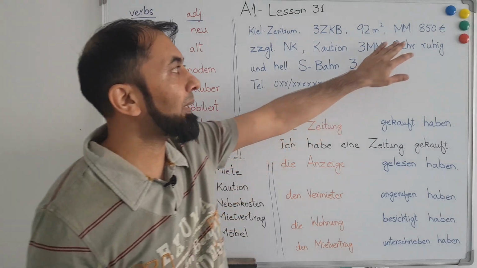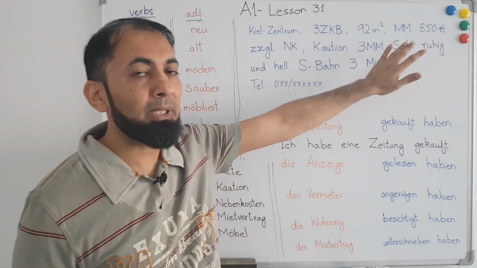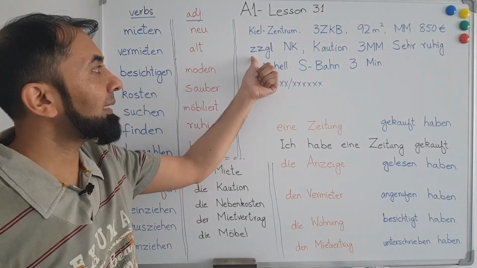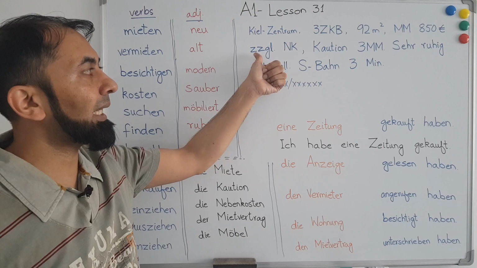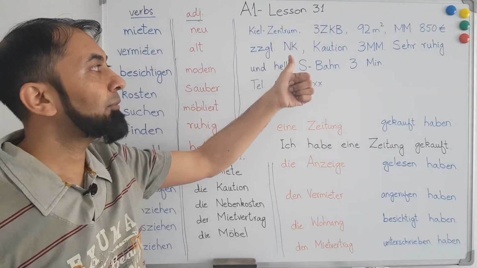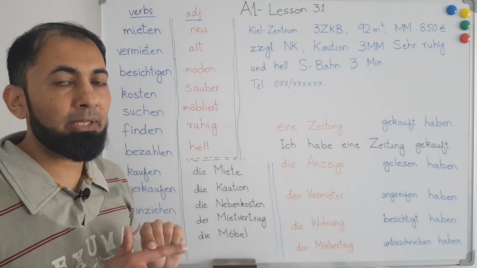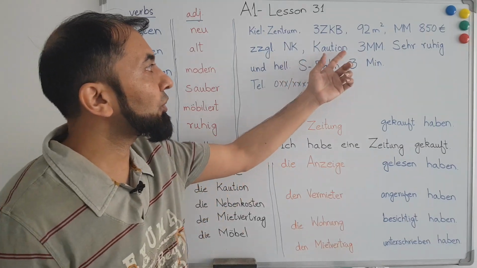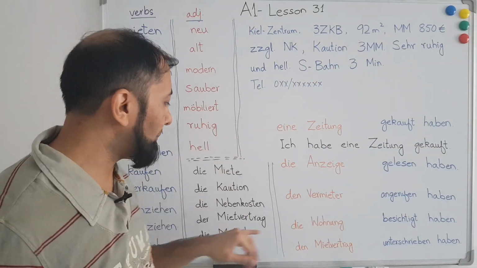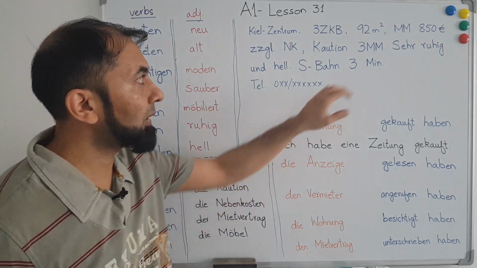So you have to pay 850 euros monthly rent, and in addition to that 850 euros, you have to pay additional Nebenkosten, which means you have to pay for heating, electricity, and water. Kaution, which is the security deposit. Die Kaution.